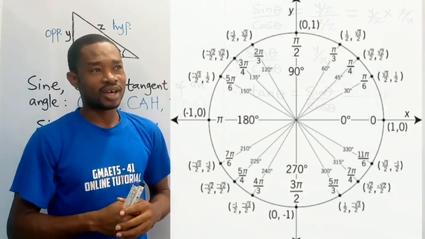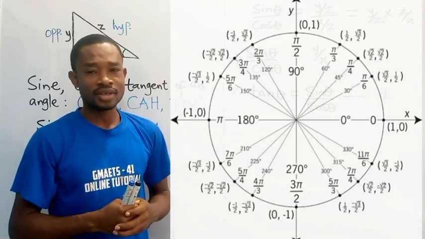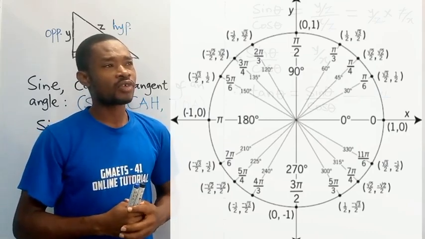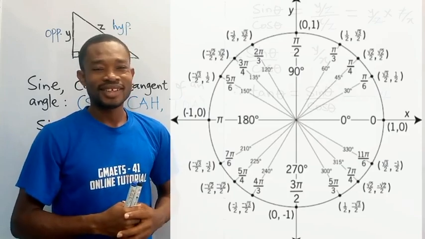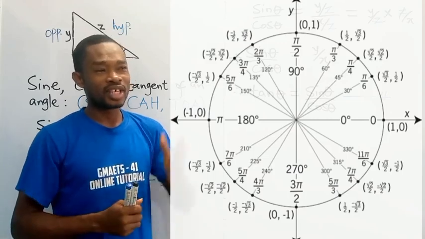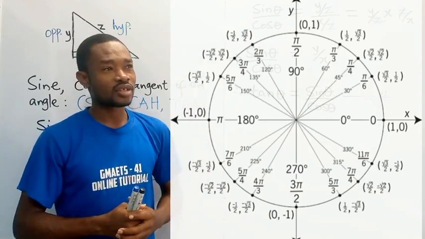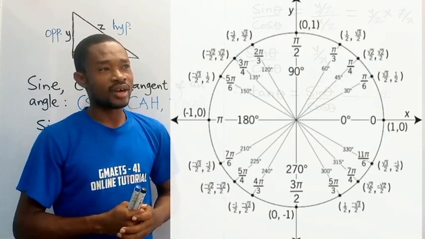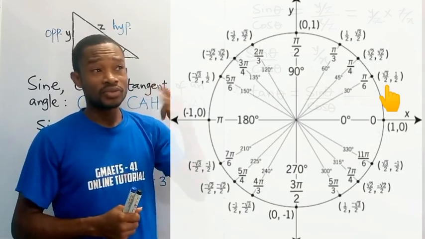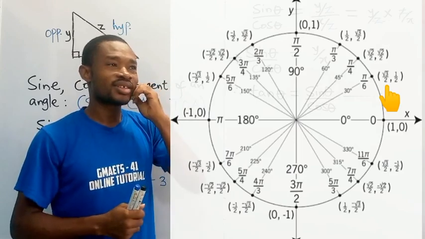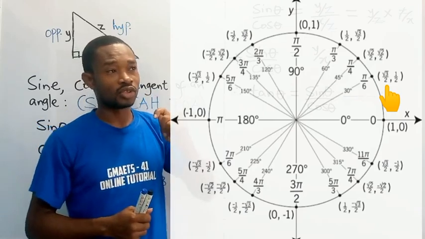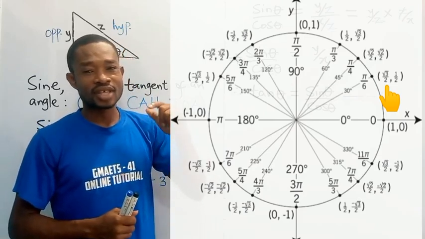Cos is adjacent over hypotenuse. And of course, if cos is adjacent over hypotenuse, then we expect there's a triangle I'm going to show you soon, don't worry. But just based on that value we have there, cos 30 degrees is root 3 over 2. That's going to be cos 30 degrees, right? Square root of 3 over 2. And then you now have sine 30.